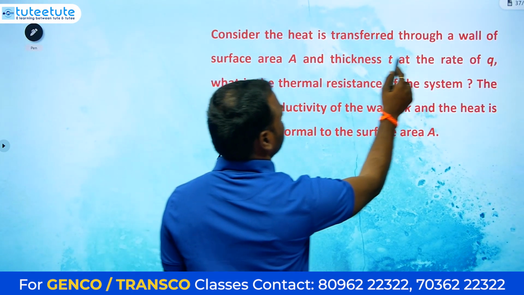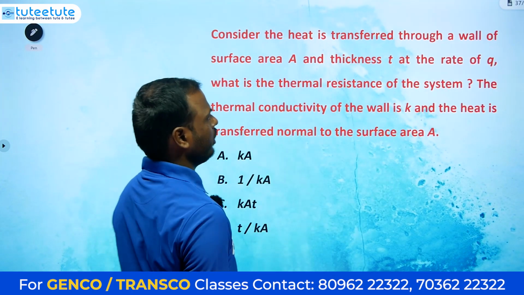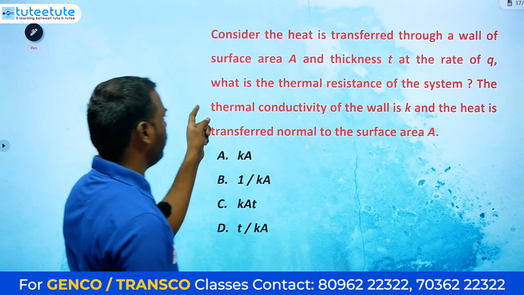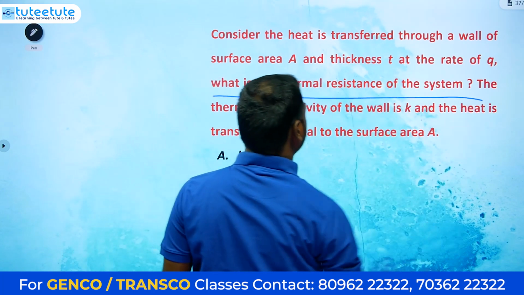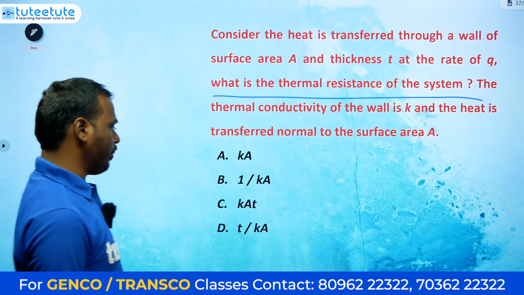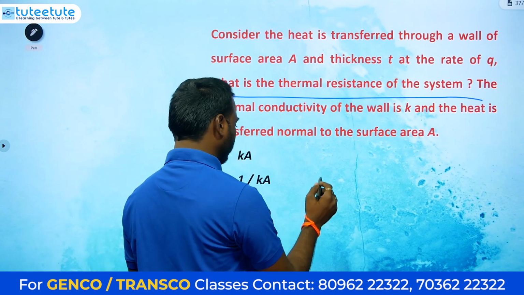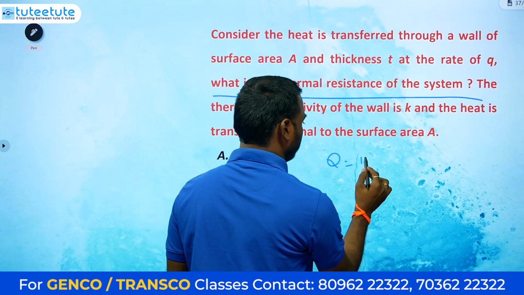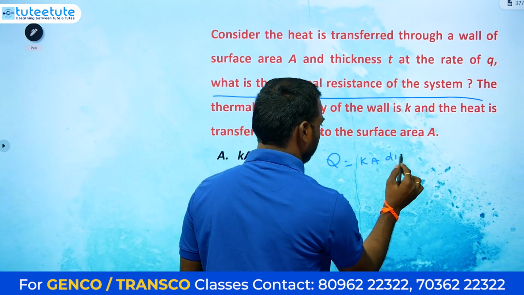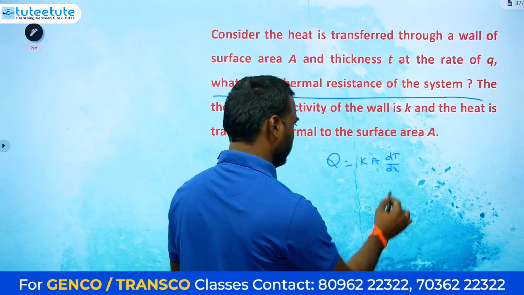Consider heat transferred through a wall of surface area A, thickness T, at the rate Q. What is the thermal resistance? There is a concept called thermal resistance. We generally write Q is equal to minus kA dT by dx.